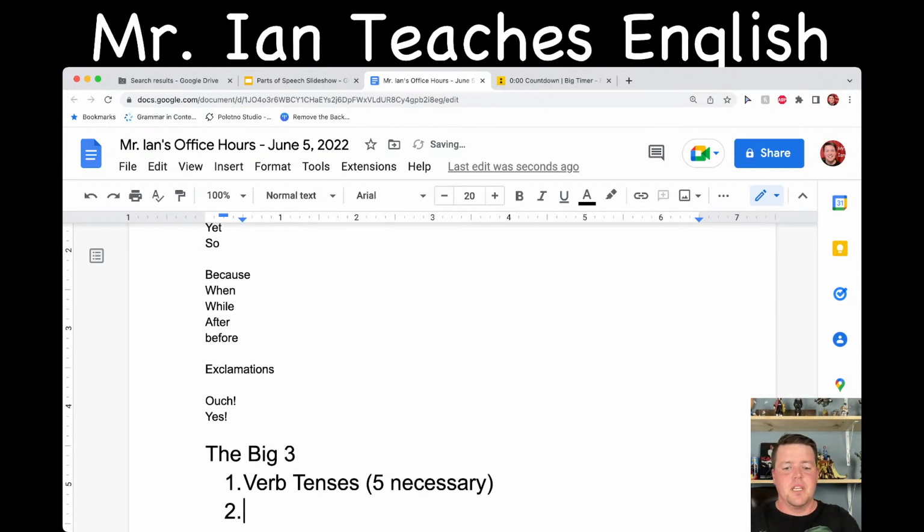Number 2 is pronoun antecedents. And what this simply means is when you use a pronoun, do I know exactly who you're talking about? Do your pronouns match?